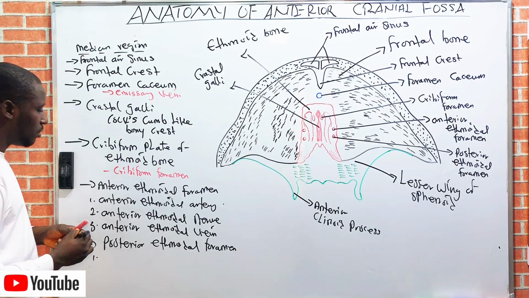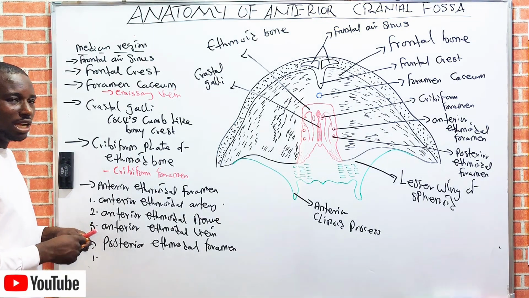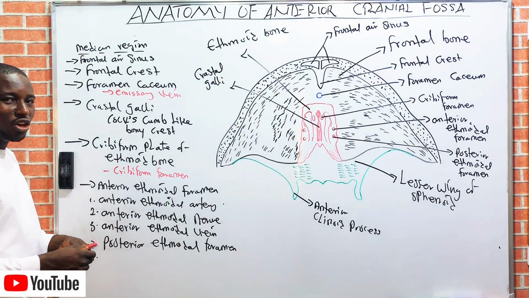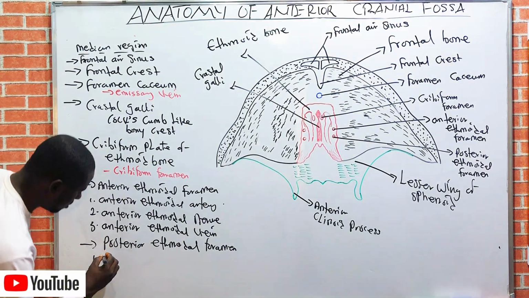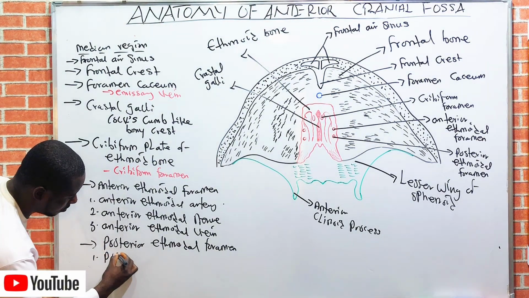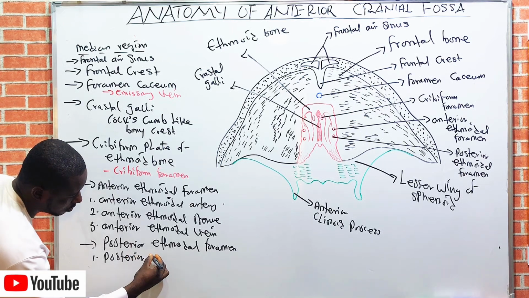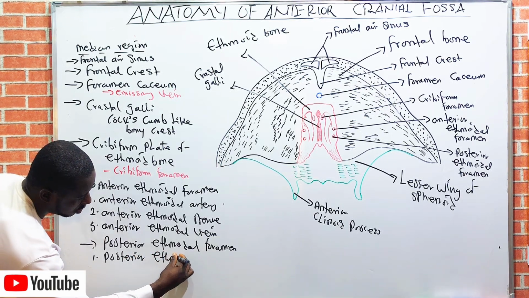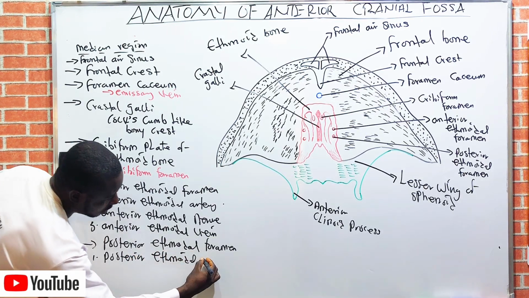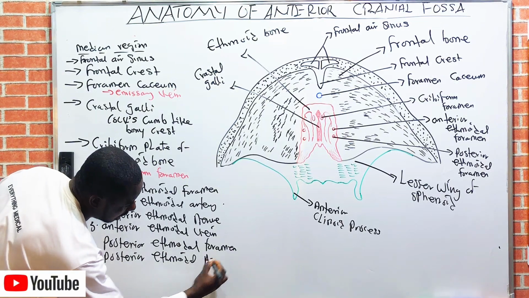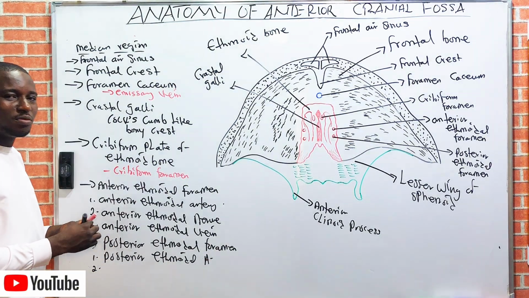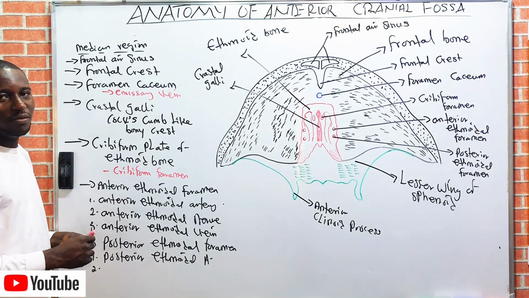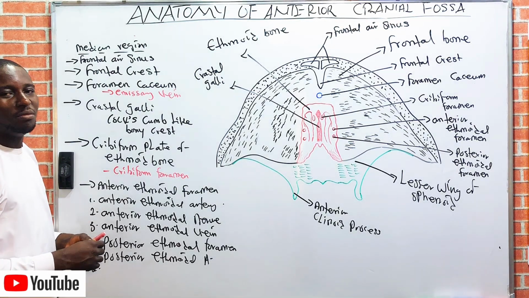The posterior ethmoidal foramen transmits the posterior ethmoidal artery, which is a branch of the ophthalmic artery. Number two, it transmits the posterior ethmoidal vein, which is a tributary of the ophthalmic vein.